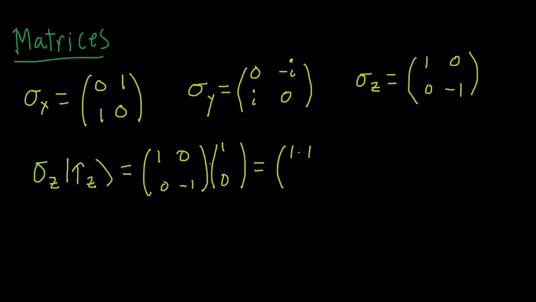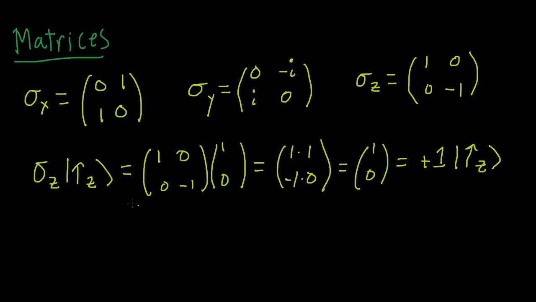My bad. So 1 times 1 on the top and negative 1 times 0 on the bottom. This is just a quick thing to keep in mind when you only have zeros on the off-diagonal terms. Anyway, this is just 1, 0, which is just plus 1 times the spin-up state along the z direction. Okay, which is just what we wanted.